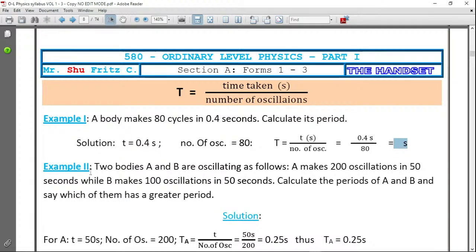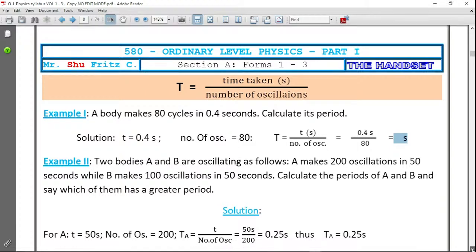Now, example 2. Two bodies A and B are oscillating as follows. A makes 200 oscillations in 50 seconds, while B makes 100 oscillations in 50 seconds. So they are both 50 seconds, right? Calculate the period of A and the period of B and say which has a greater period.